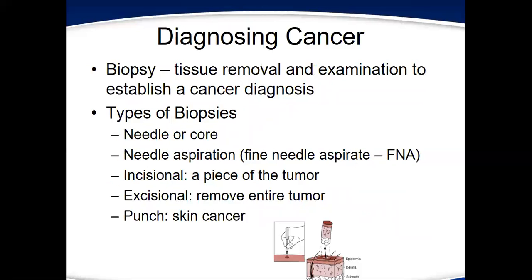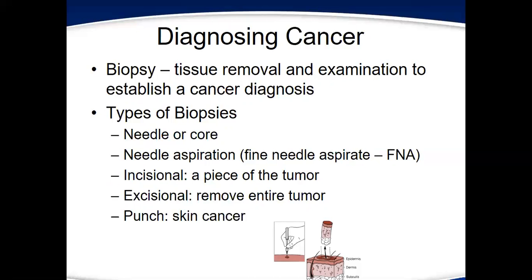In order to diagnose a patient with cancer, a biopsy, which is the surgical removal and examination of tissue to establish whether the mass or tumor is truly a cancer, is needed.